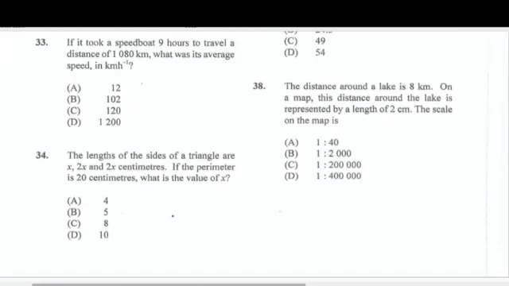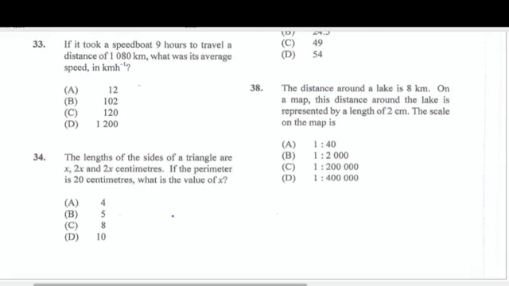If it took a speedboat 9 hours to travel a distance of 1080 kilometers, what was its average speed in kilometers per hour? So speed is distance over time. So it took a distance of this over 9 hours.